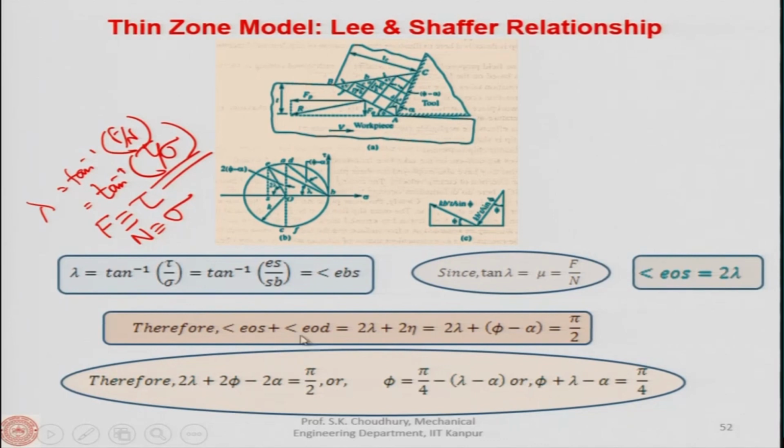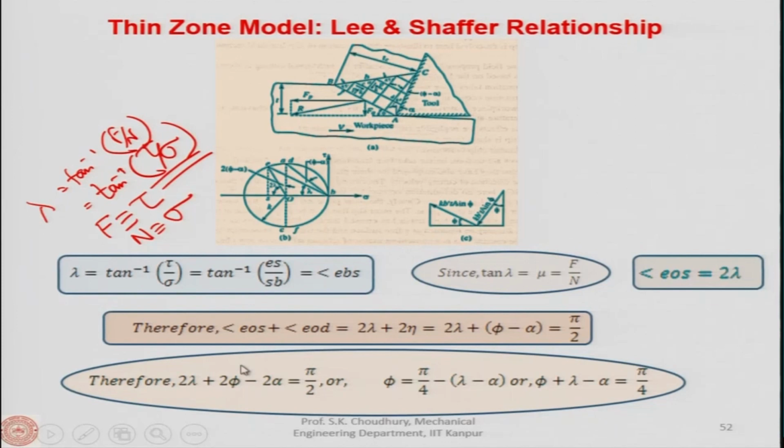EOS is twice the friction angle lambda, and EOD is twice nu, because nu here is this angle, and at the center it will be twice that. Nu is the angle at which this face is inclined with respect to D.